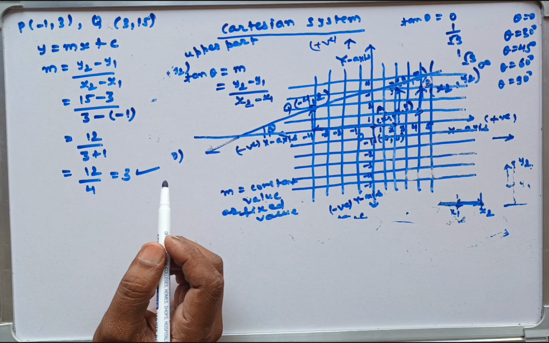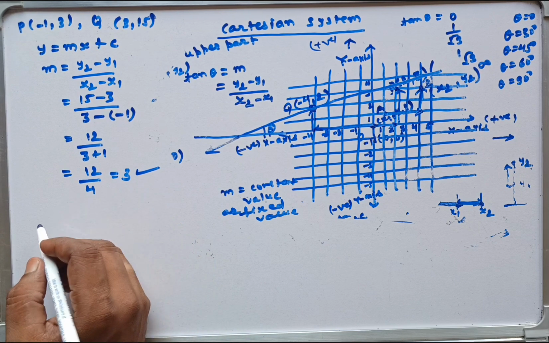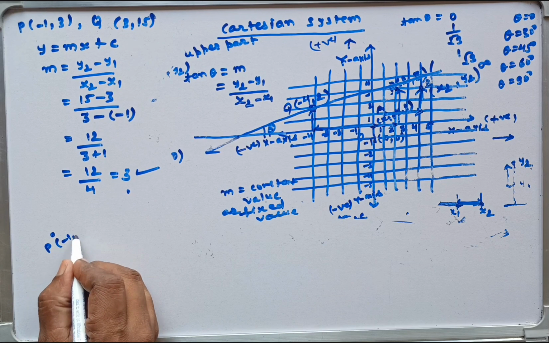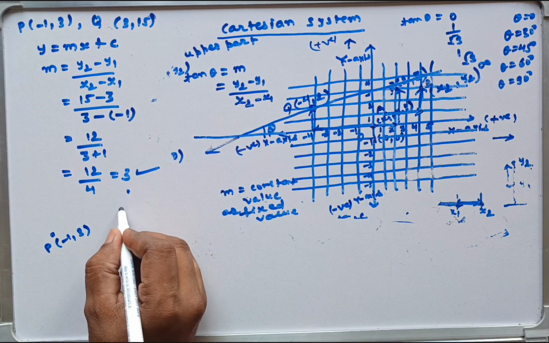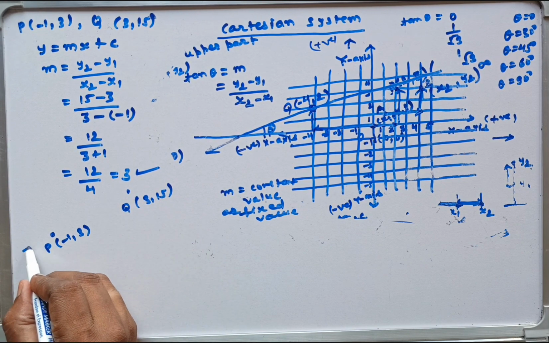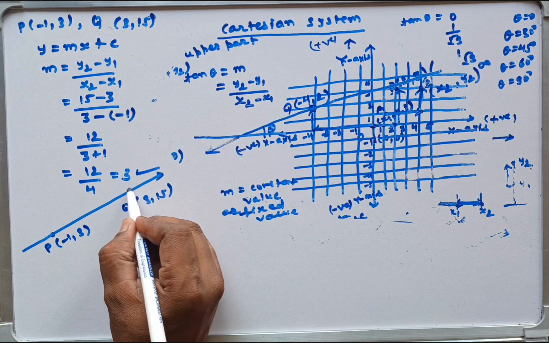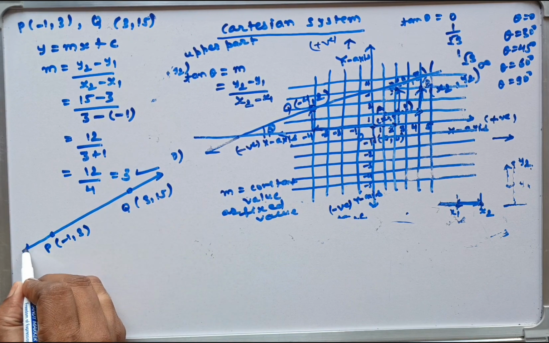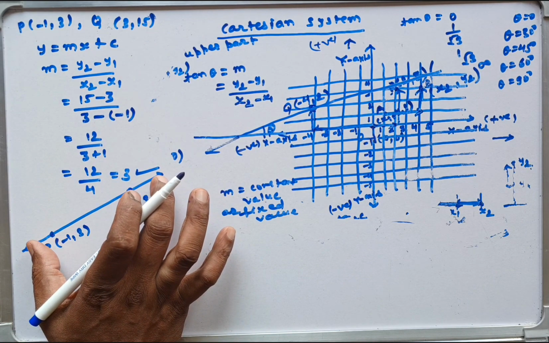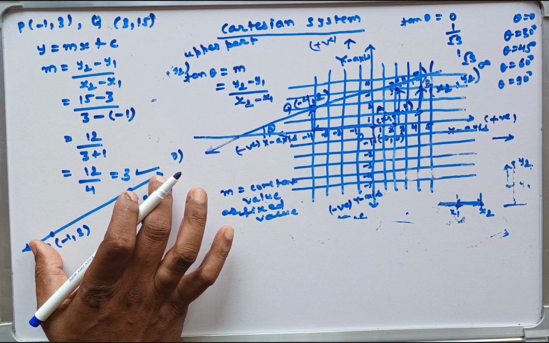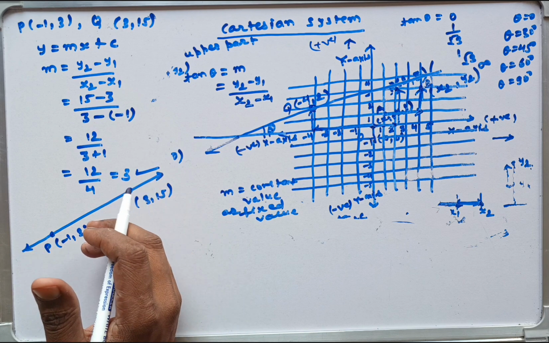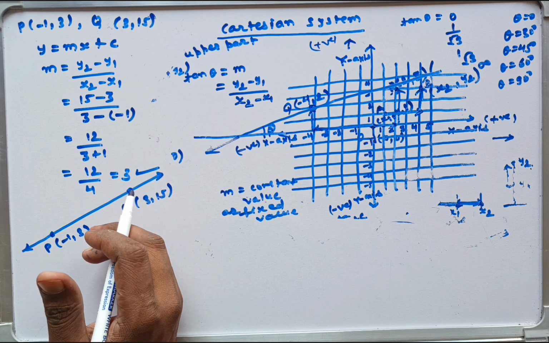If we consider this P point is here, and Q point is here, one straight line is passing like this. See, in a straight line we put an arrowhead on both sides, because a straight line can go in any direction up to infinity.